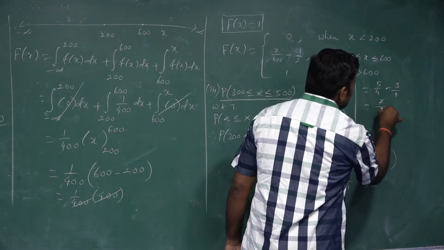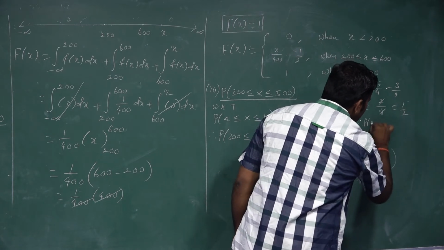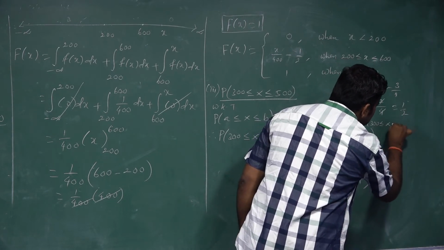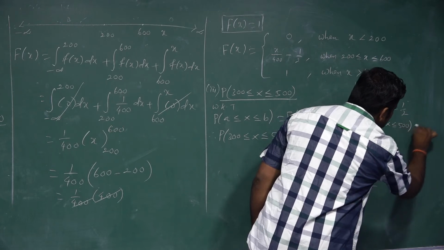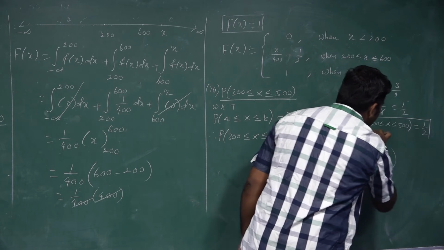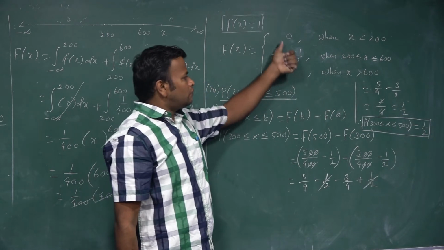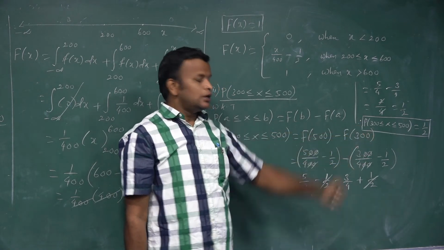One more cancellation is possible. So the answer is 1 by 2. Therefore, P of 300 less than or equal to X less than or equal to 500 is 1 by 2. All the values are in fractions, so no problem, we write in fraction.